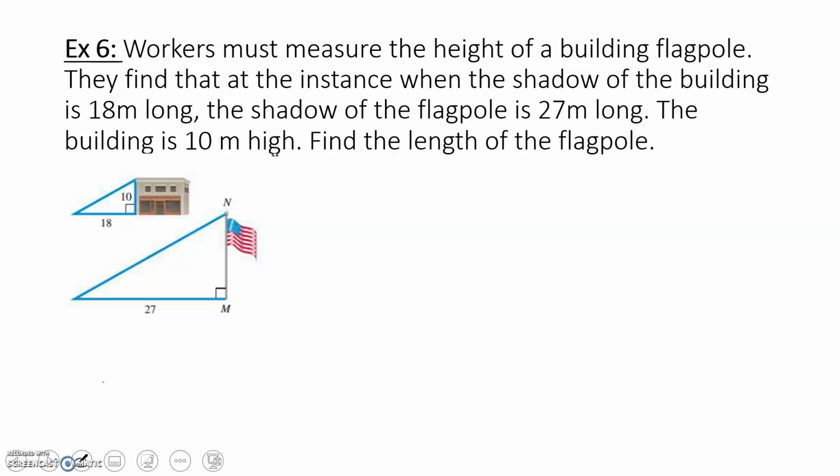All right, so since the flagpole and the fire station are right there at the same place, the sun is shining on them at the same degree. Since the sun is shining at the same degree, then all of the angles will be the same. So that gives us our first condition: all of the corresponding angles of the triangles are equal.